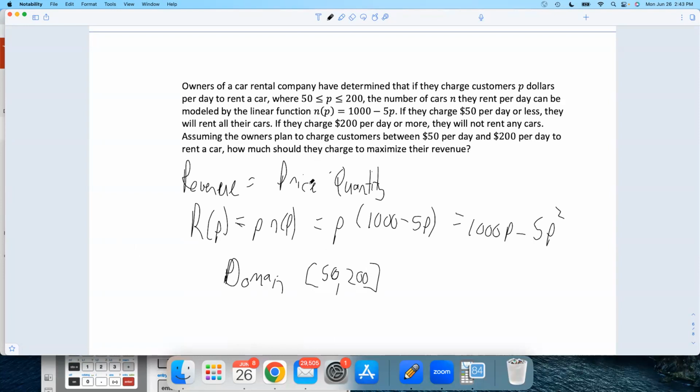You know, you can make more money if you still had a couple cars left. They've run out of cars. They're too cheap. They're not making enough money there. If they charge 200, nobody buys any. Like you could see that, plug in 200 there, you get number rented is 0. So these are our bounds. This is our domain of interest. We want to maximize revenue.